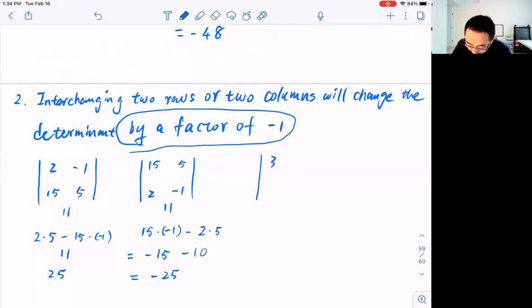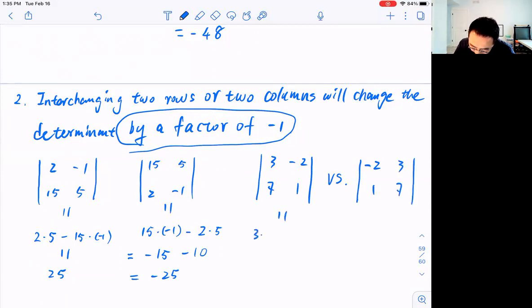Similarly, if we look at a similar example, 3, -2, 7, and 1, finding its determinant versus, if we switch the columns this time, -2, 1, and 3, and 7, so those are switched, okay? So this equals 3 times 1 minus 7 times -2, which is 3 plus 14, and that gives you positive 17.